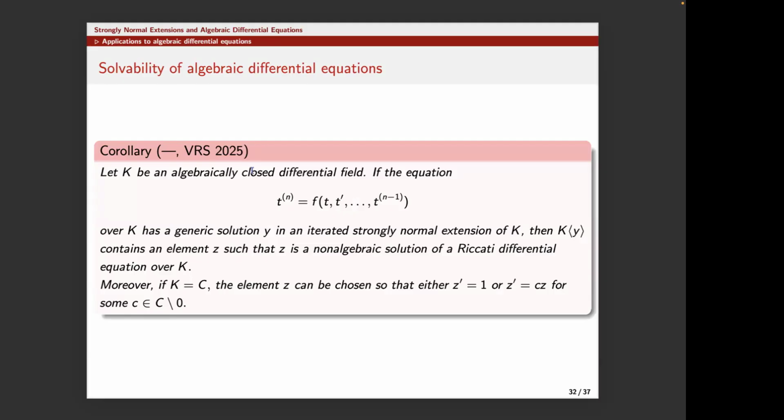If we have this rational type equation, Tn equal to f(t, t', ..., Tn-1), and this differential equation has a solution y in an iterative strong normalization of K, then K⟨y⟩ contains an element z such that z is a non-algebraic solution of a recurrent differential equation over K. And if K equals C, then z can be chosen so that z' equals 1 or z' equals cz for some non-zero c in C.